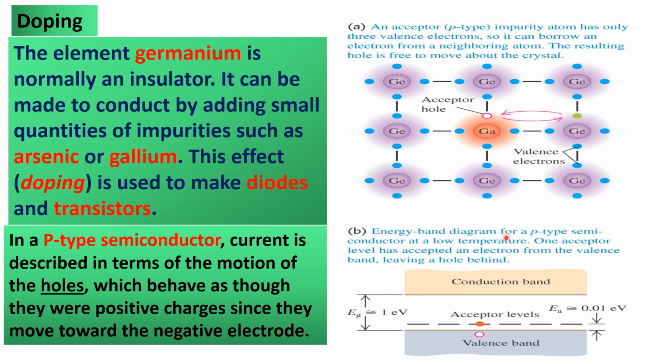To further understand what a hole current is, let's consider this second illustration. There is such a thing as a conduction band and a valence band. This is the energy band diagram for a p-type semiconductor at a low temperature.